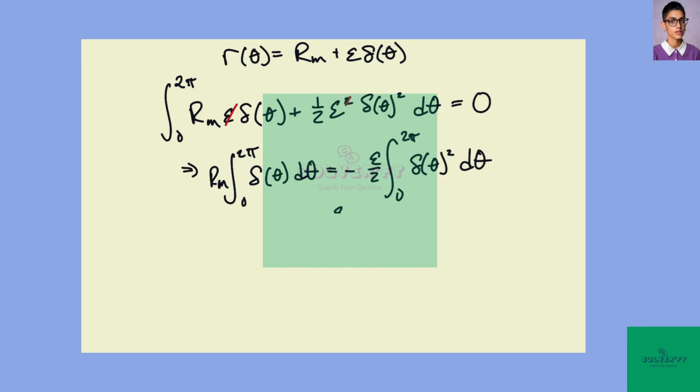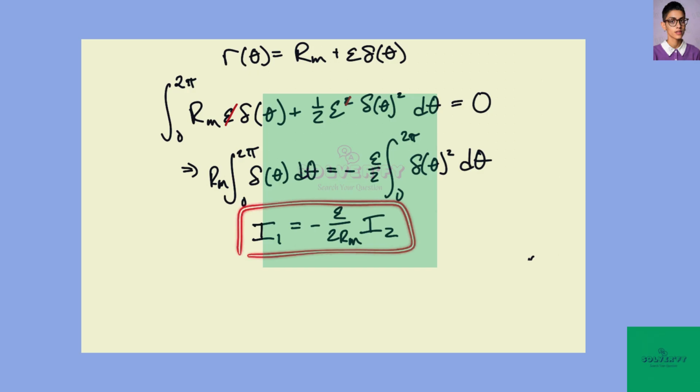What I did here is instead of writing these integrals out all the time, I called this one I1. So I1 is the integral of delta from 0 to 2 pi, and I2 is the integral of delta squared from 0 to 2 pi. So we get this relationship here that I1 must be equal to minus epsilon over 2rm times I2.